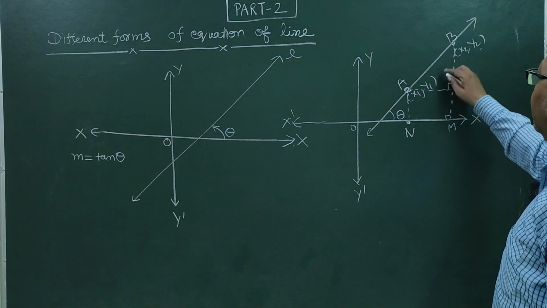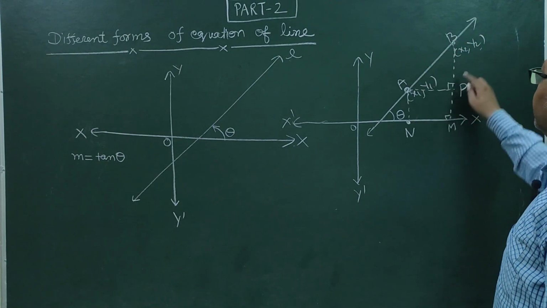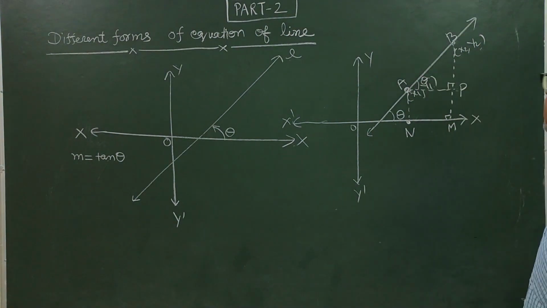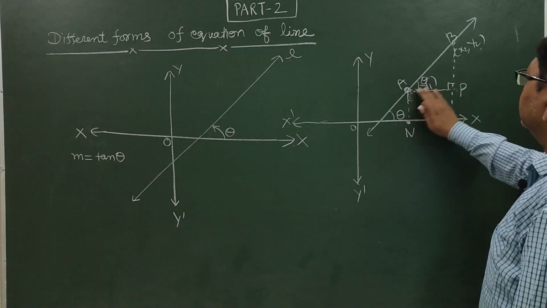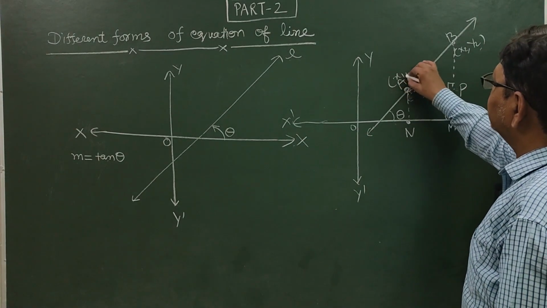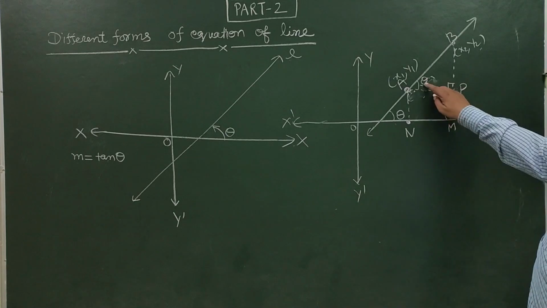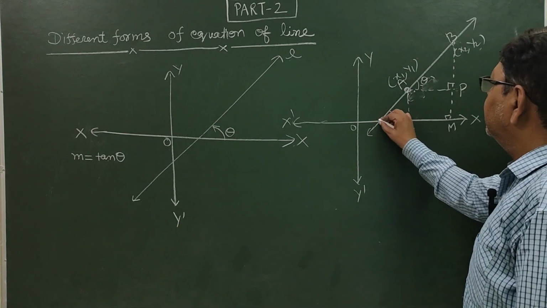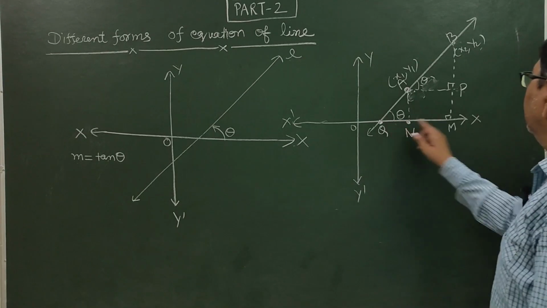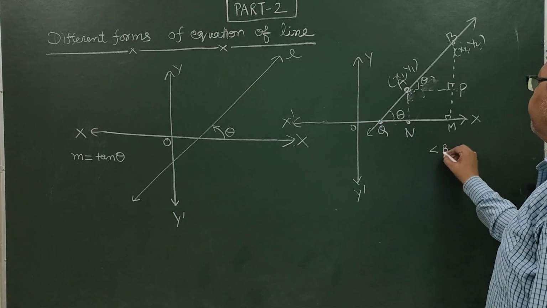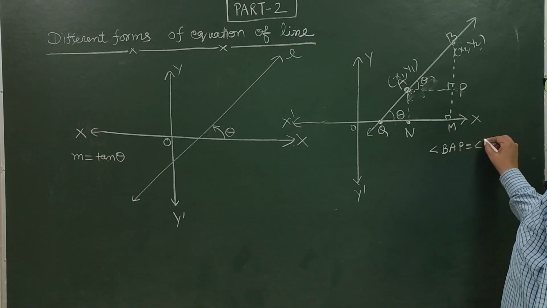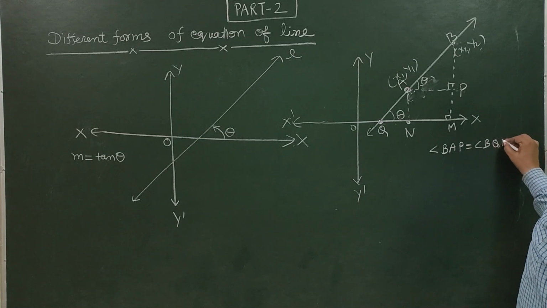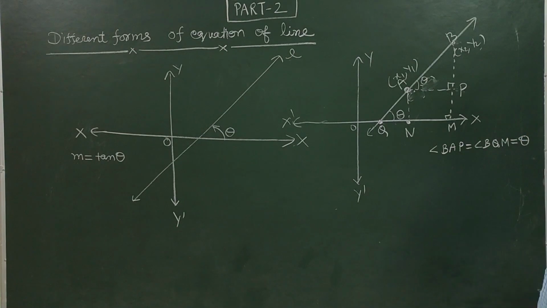Now angle BAP is equal to this angle theta. This point A has the coordinates x1 comma y1. Angle BAP is equal to angle BQM, as these are corresponding angles, so this is also equal to theta.